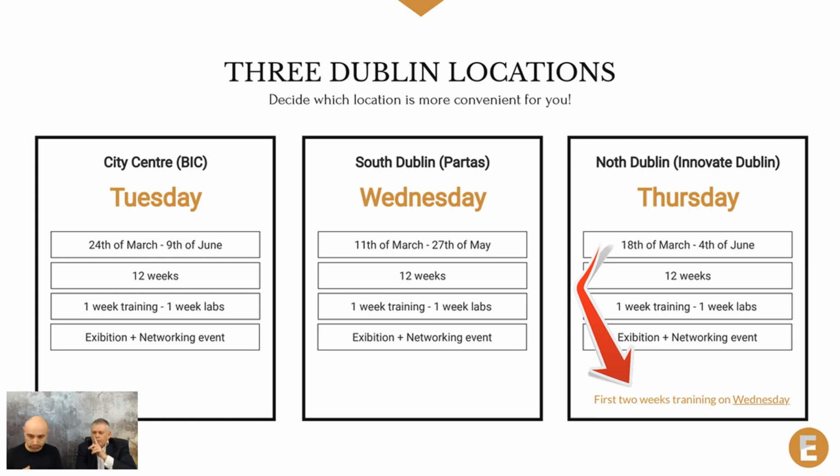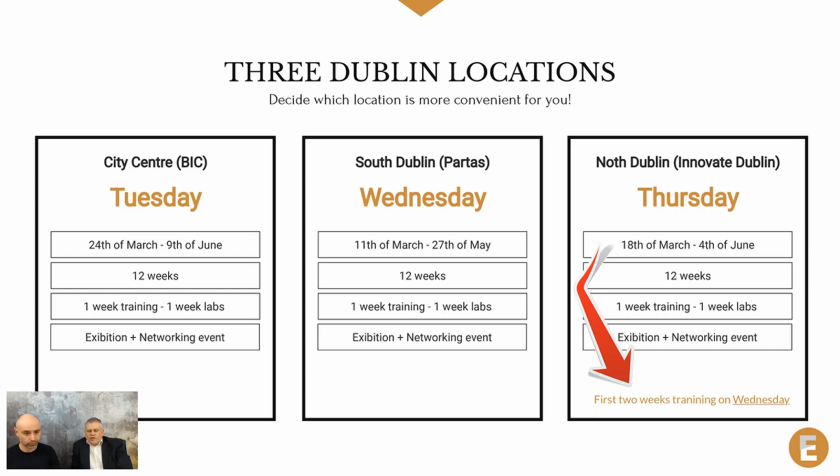Can I just clarify something, in case there's a little bit of confusion. When we say it's in the city centre in the BIC, there are a few locations for the Dublin BIC. This is a brand new location for Dublin BIC, which is just off Stephen's Green. We will send you the details, but it's a brand new space, so it's not either Tara Street or the Guinness Enterprise Centre.